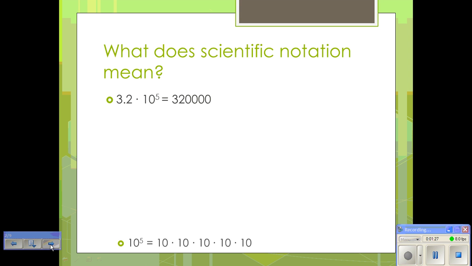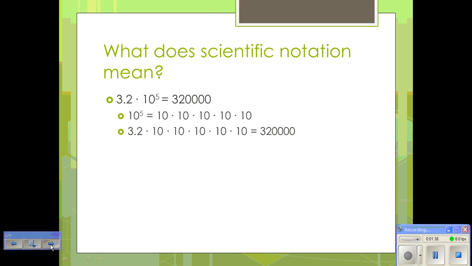It's actually saying take your 3.2 and multiply it by 10 5 times. So taking that 3.2 times 10 times 10 times 10 times 10 times 10, and that will give you 320,000.